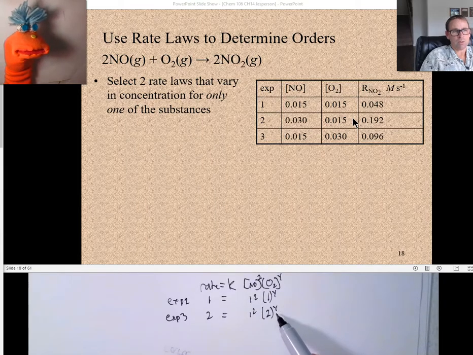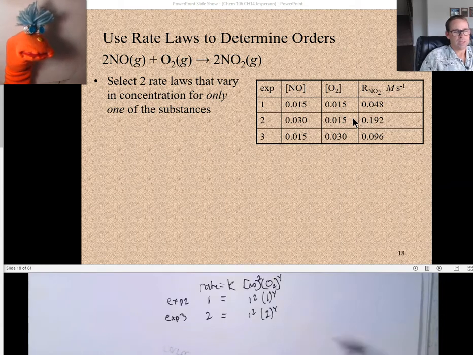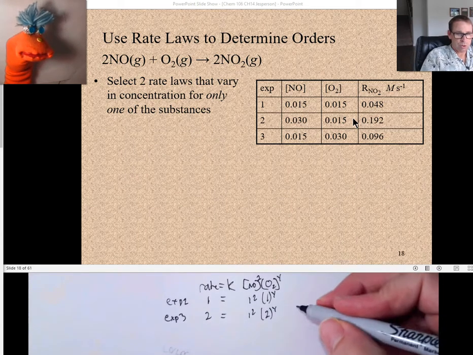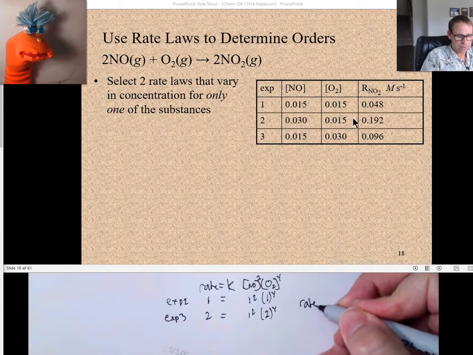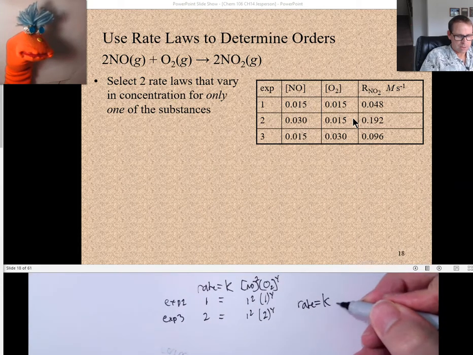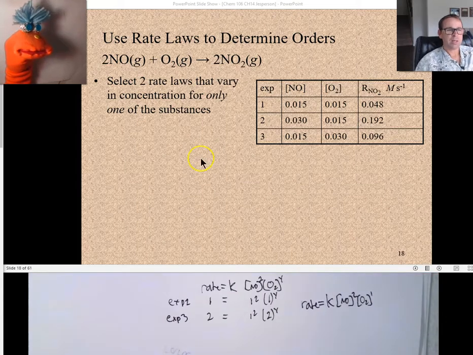What do you think? What is y? y has to be 1, right? That's right. So the result is the rate equals K times the concentration of NO squared times the concentration of oxygen gas to the 1.